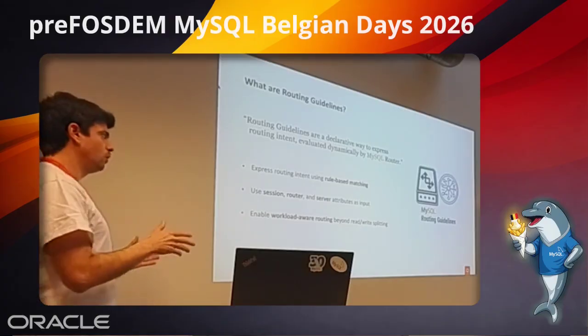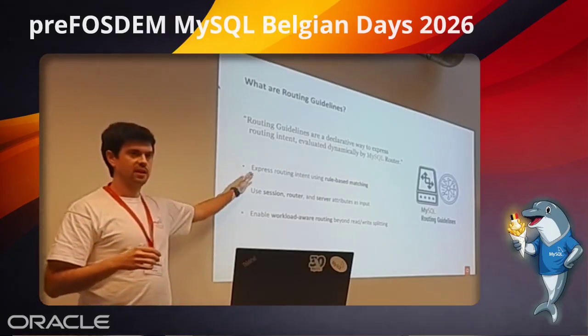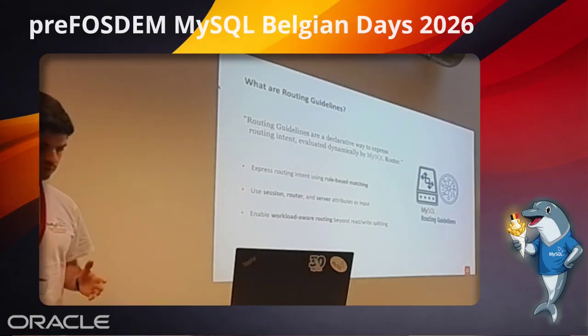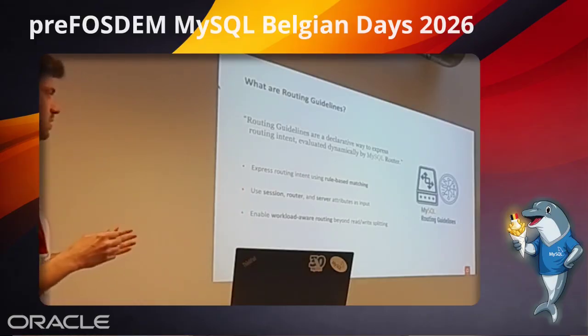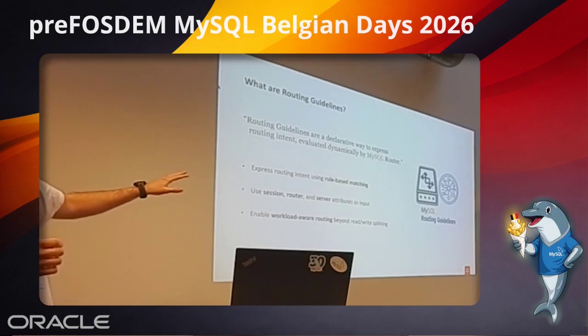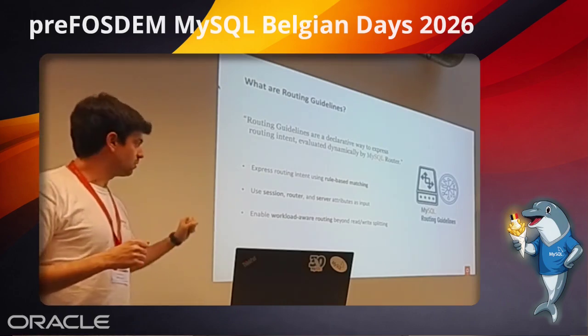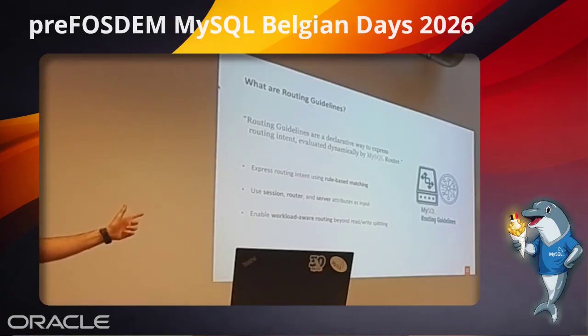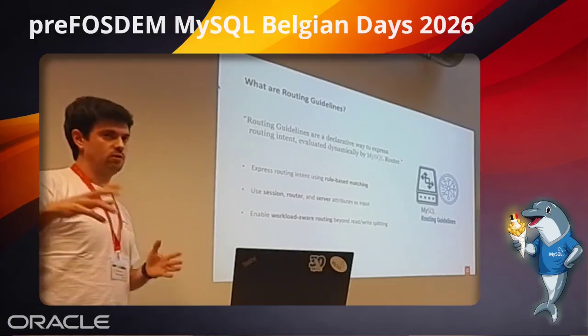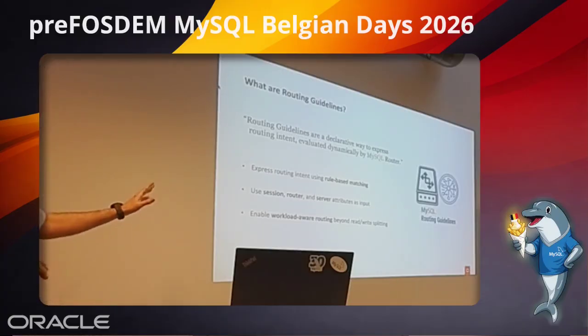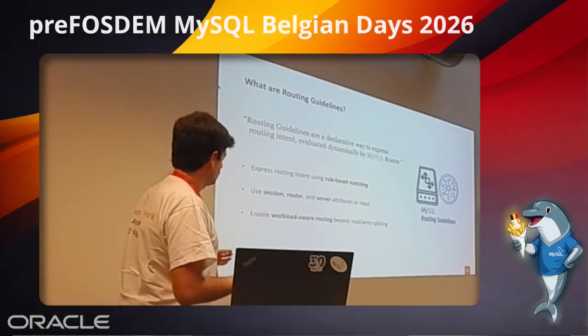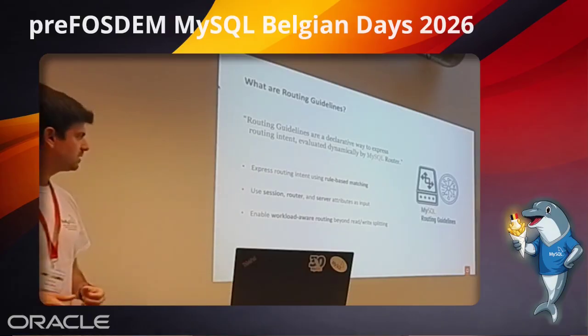So they use rules to express the intention of routing. And those rules have input. So they have three different categories of attributes: the ones related to the session itself, the session that comes in, the ones related to the router, and the ones related to the server.